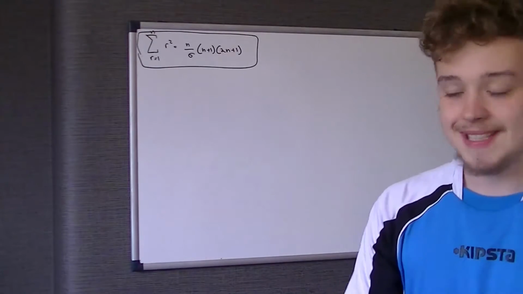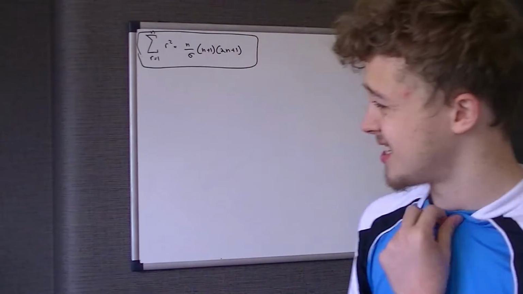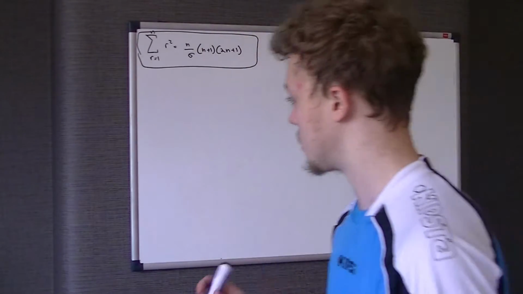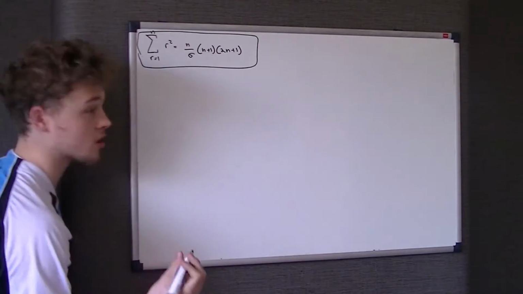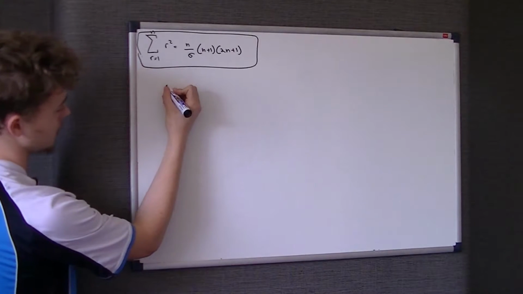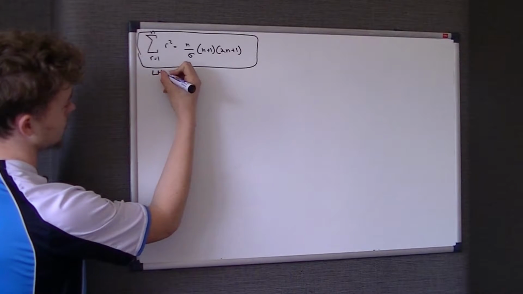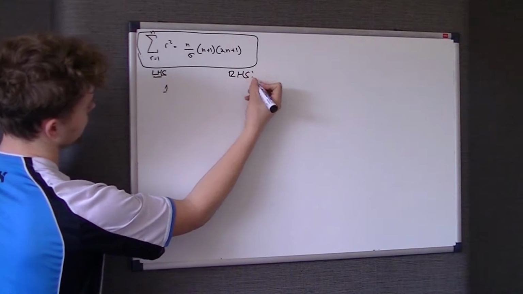So we follow the same principles that I put on the board before. I think it was 5 or 6 steps. The first thing that you do is prove that these are equal for the first few terms. So you always pick 1 and 2. You split it up into the left hand side and the right hand side.